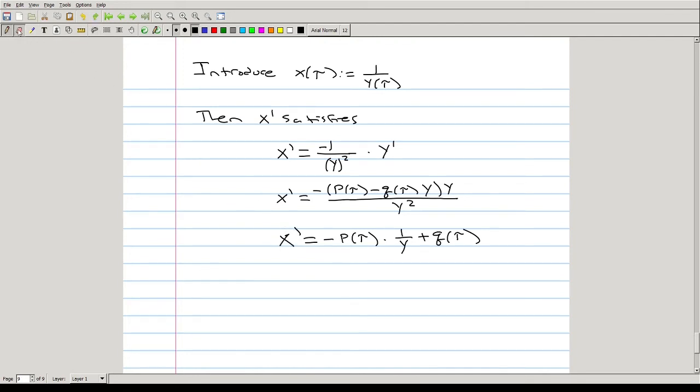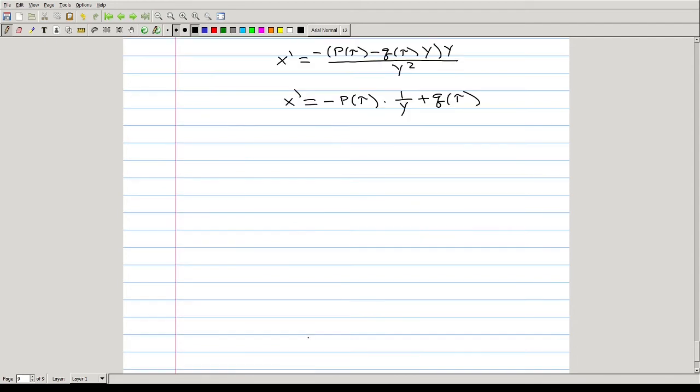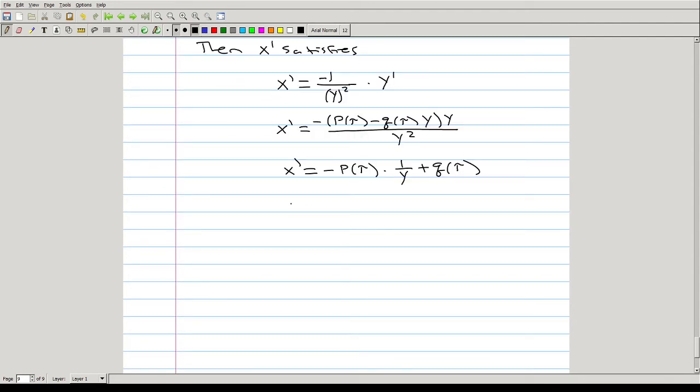And then the last thing to do here is to note that x is defined as 1 over y. So you have x prime is equal to negative p of tau times x plus q of tau.